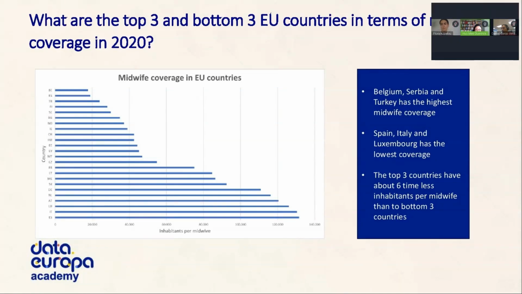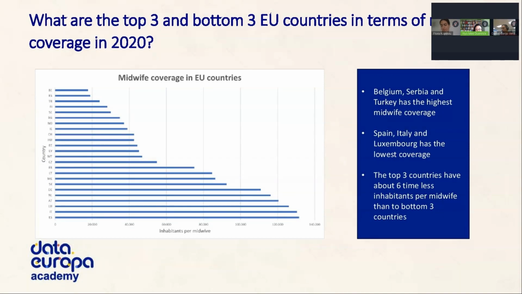Another thing that caught my eye quickly was that the top 3 have about 6 times fewer inhabitants per midwife compared to the bottom 3. Now, I was thinking, okay, why is there such a difference? By the way, I don't have a background in this, but from this graph, I can get some interesting information.